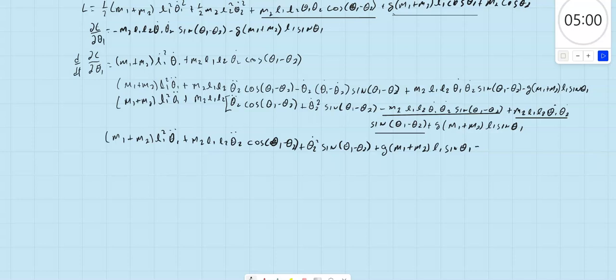And this all must be equal to 0. And this is my first equation of motion.